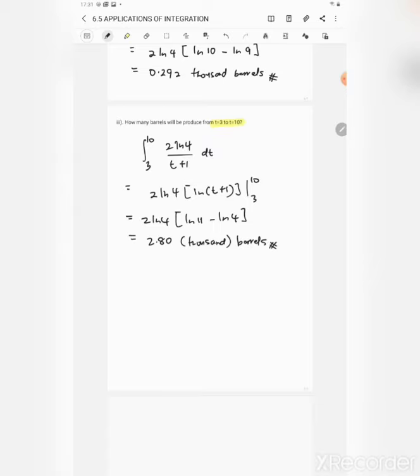So this is the answer for number 3. I hope you understand. Again, for t equal to 3 to t equal to 10, the limit you can just take directly from the question and put into the integral sign.